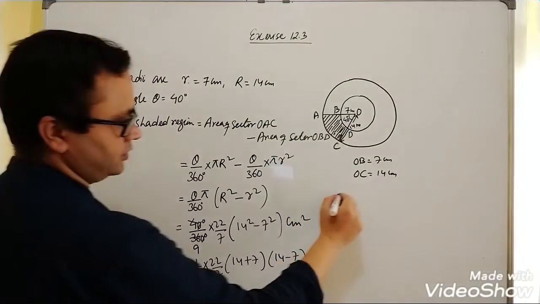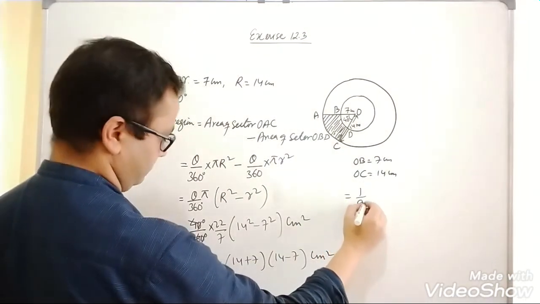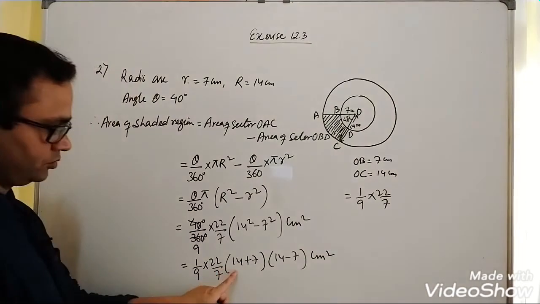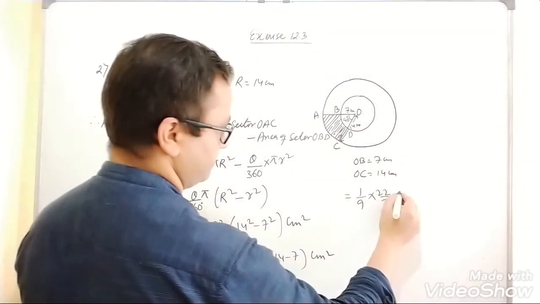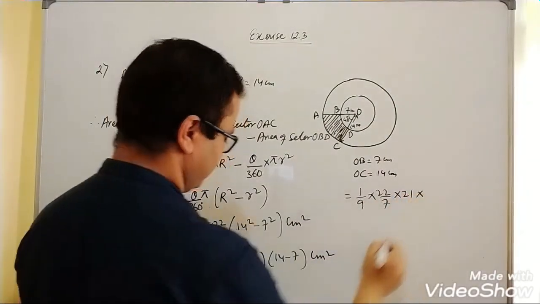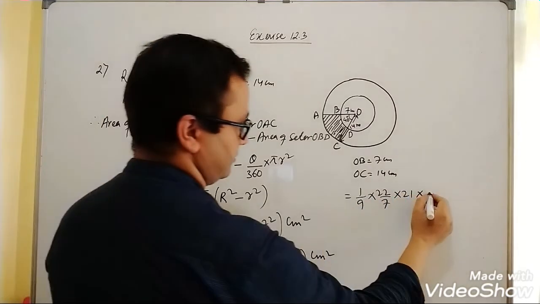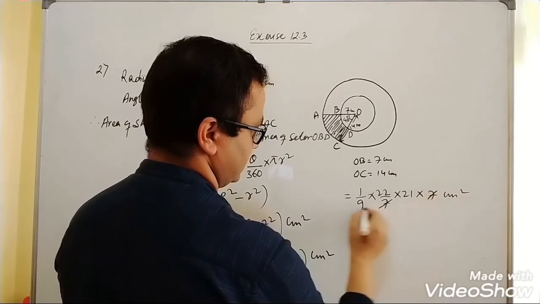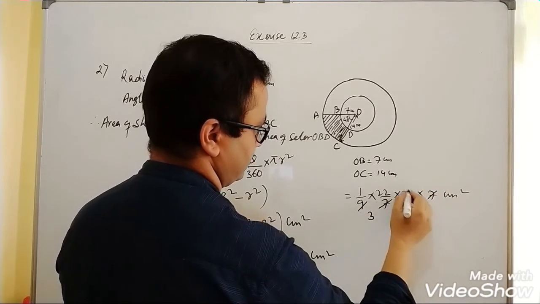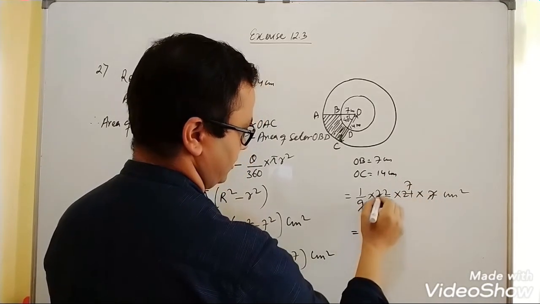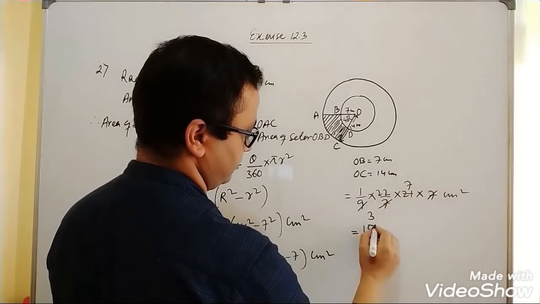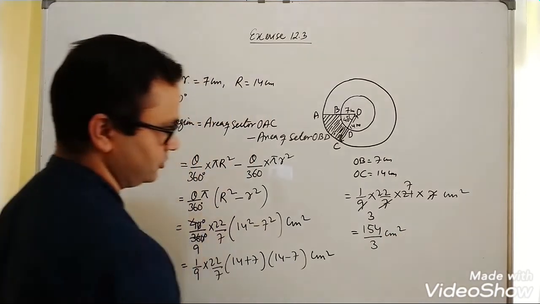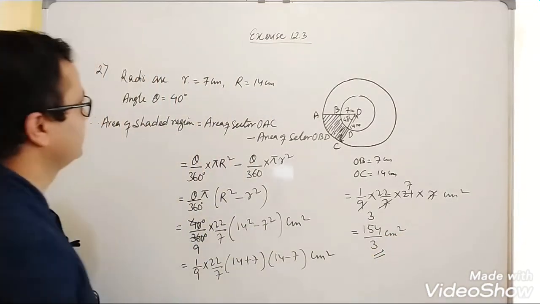So this equals 1/9 into 22/7 into 21 into 7 centimeter square. We cancel 7 and 7, and 3 times 3 is 9, 3 times 7 is 21. Again 22 into 7 is 154 divided by 3 centimeter square. So this is the answer of question number 2.